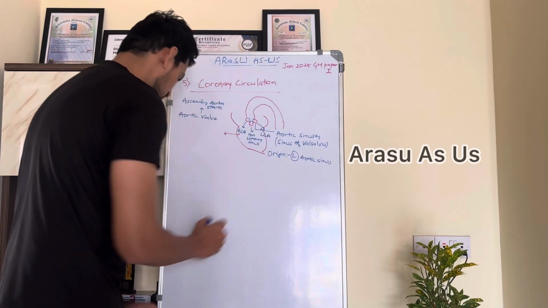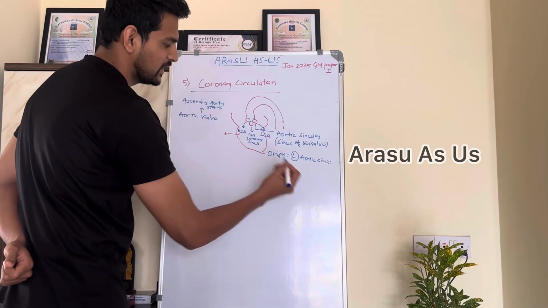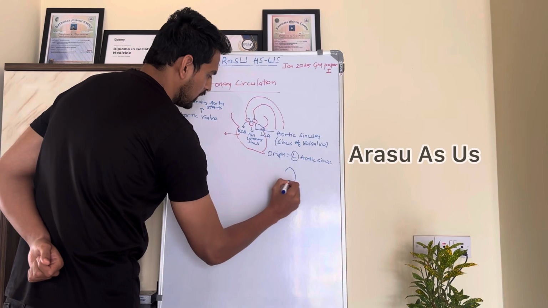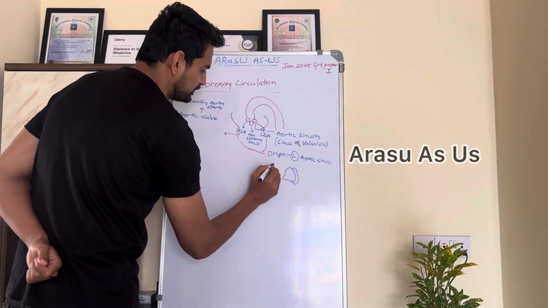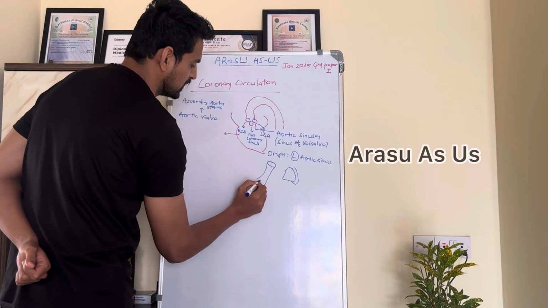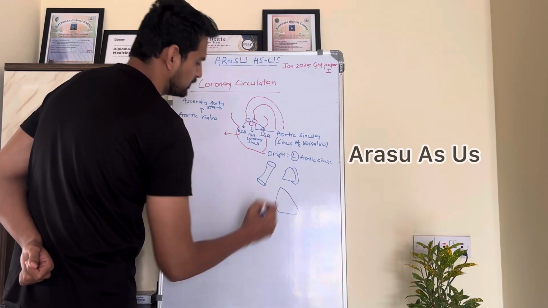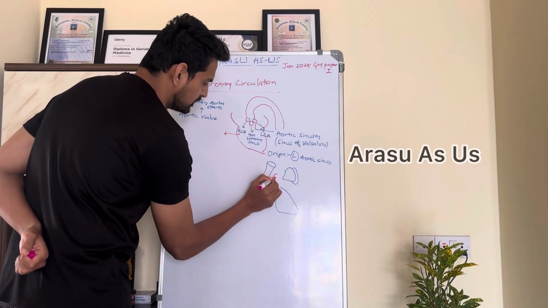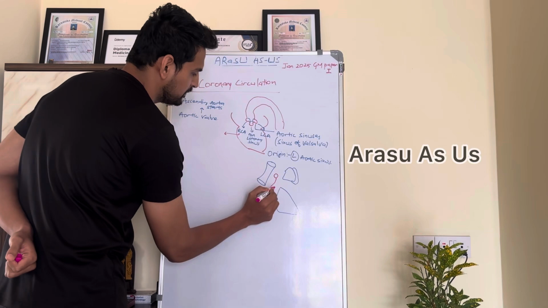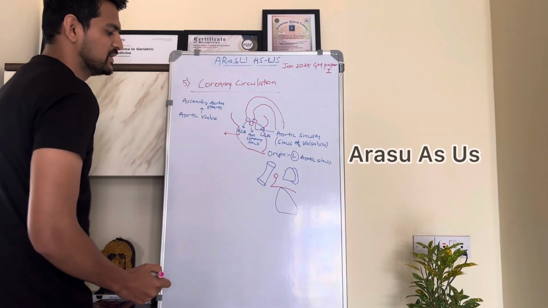After its origin, similar to RCA, this will mainly run in the posterior, in the left side. So this is the left atrium with auricle, and this is pulmonary trunk and left ventricle. If we consider, after the origin, it will descend down, and immediately what it will do, it will give a circumflex branch.